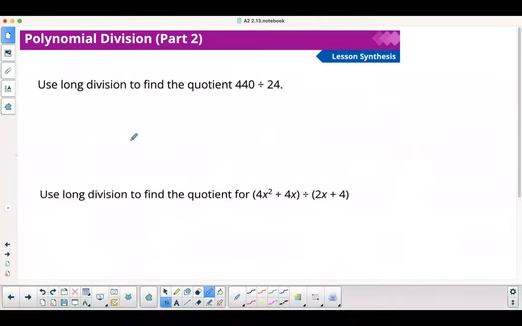All right, a little more work on numbers 5 and 6, but good stuff there. All right, so use long division to find the quotient of 440 and 24. How many times does 24 go into 44 completely? That would be 1. I multiply, and then I subtract, and then I bring down the next digit. How many times does 24 go into 200?